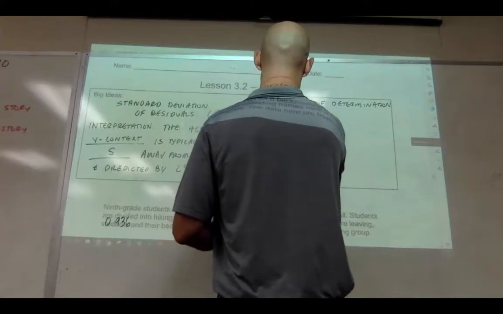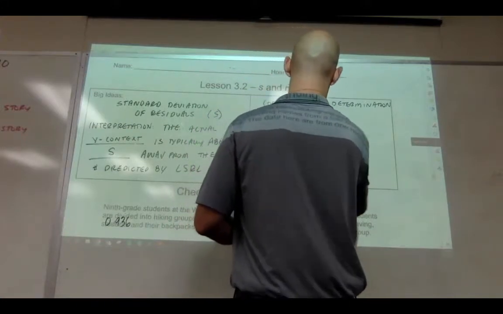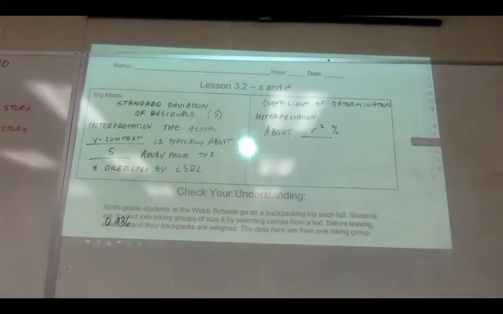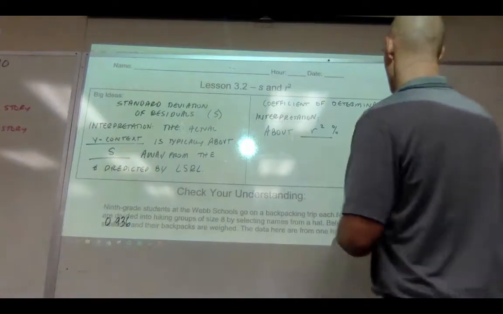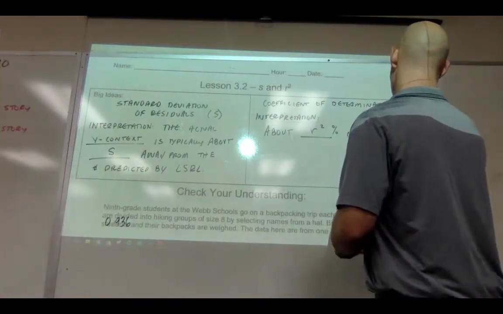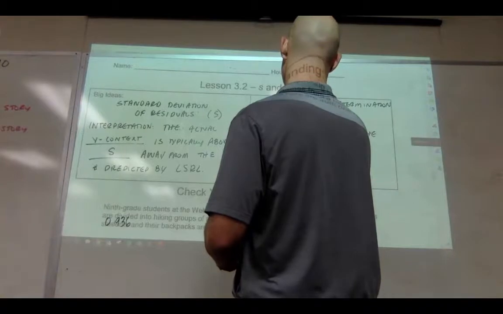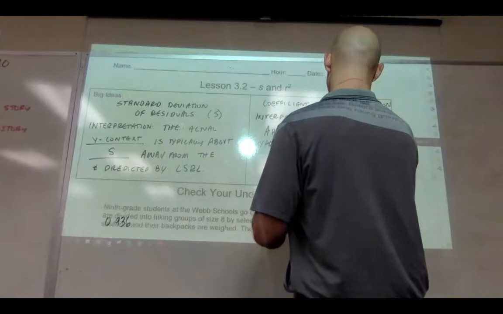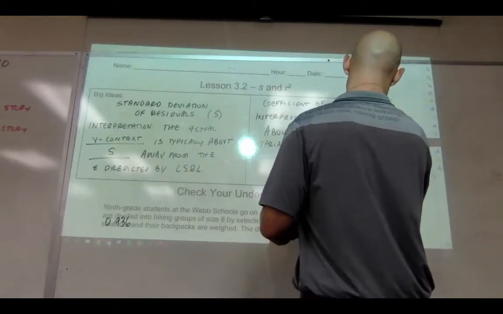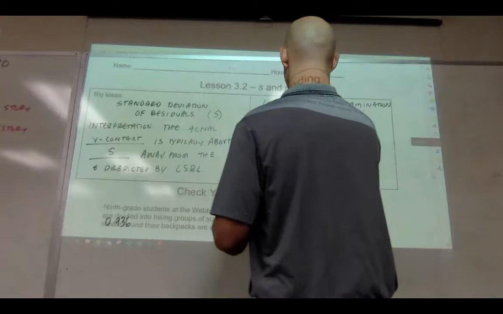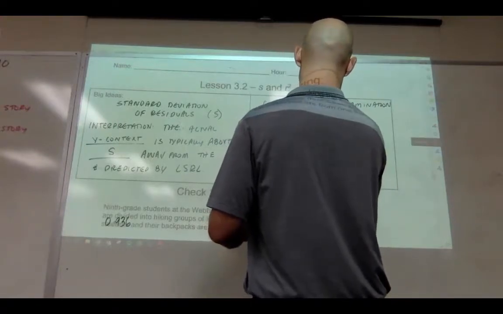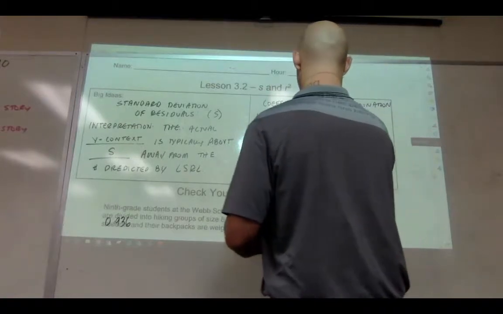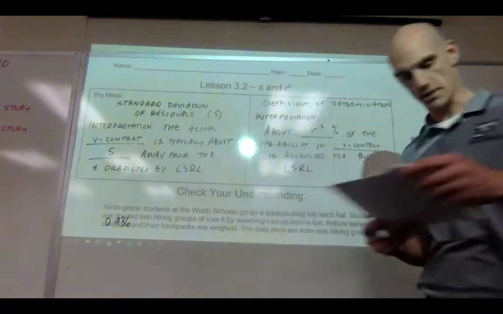About R squared percent of the variability in Y context is accounted for by the least squares regression line.